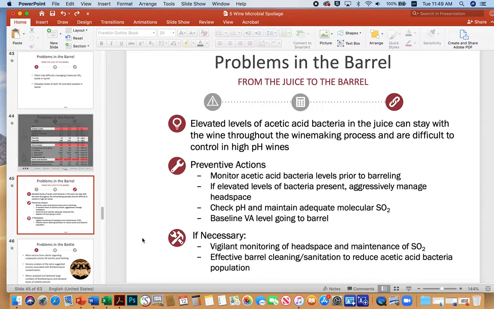Even before all this, sometimes these things are associated with picking overripe fruit, for example, which is a big issue. And then even downstream of that, in the bottle, bottling wines that contain pretty high dissolved oxygen is a potential risk.